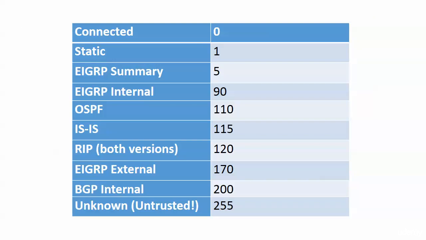Now, the connected routes, that's the only route type that will not have the brackets I mentioned. And what you'll see there is just nothing. And a connected route is considered to have an administrative distance of 0. Now, static routes are considered to have an AD of 1.